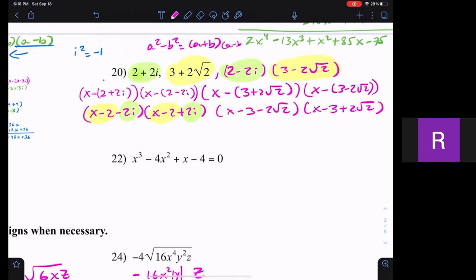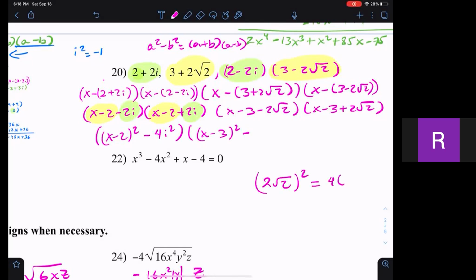Okay, so now we need to expand this thing, right? So this is x minus 2 squared minus 4i squared. And then this is going to be x minus 3 squared minus, well, you multiply these two together, 2 root 2 squared, it's going to be 4 times 2, so that's going to be 8.